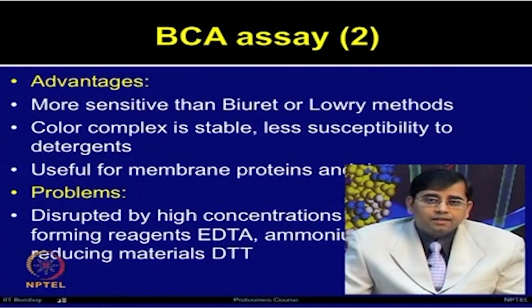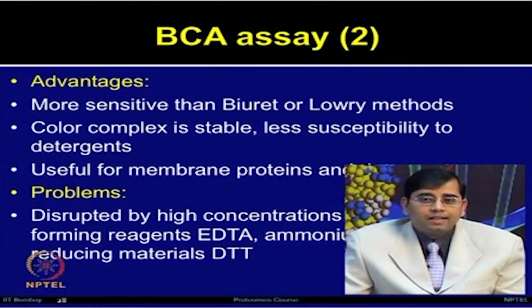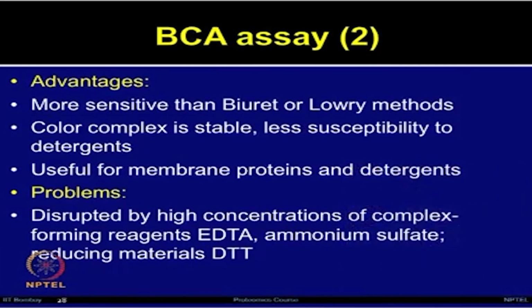So, this method definitely has a lot of advantages as compared to the Lowry method, but it still has some problems. This reagent can be disrupted by very high concentrations of reagents such as EDTA, ammonium sulphate and different types of reducing material such as DTT.